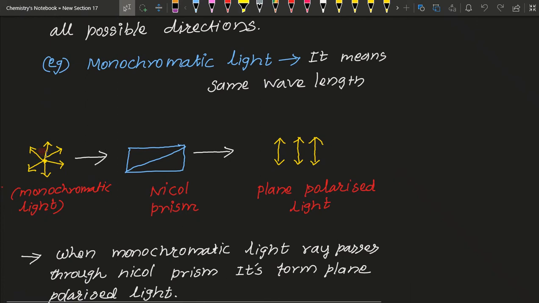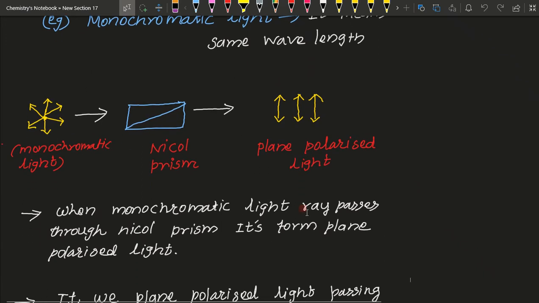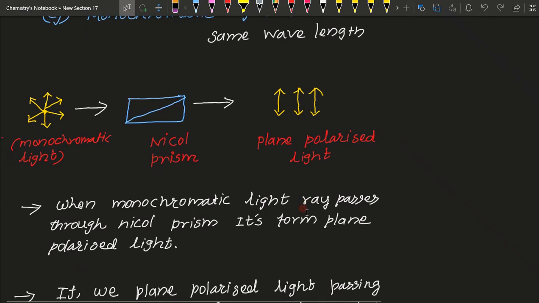This is the monochromatic light. It goes to a nicol prism. When a monochromatic light ray passes through a nicol prism, it forms plane polarized light.